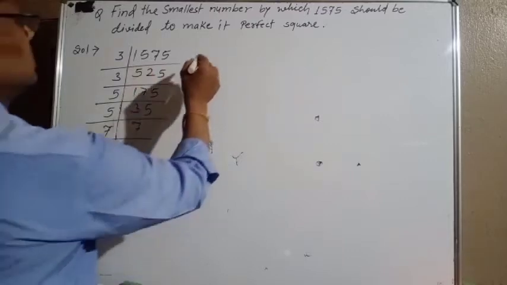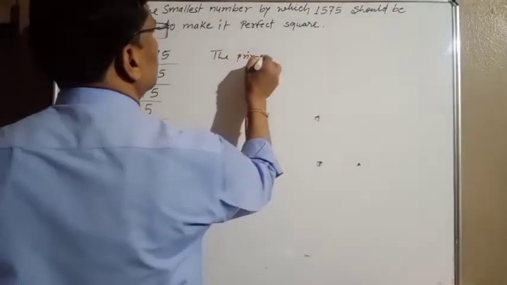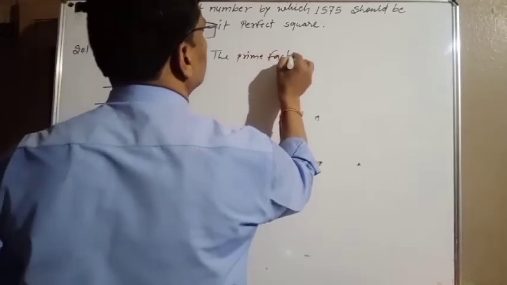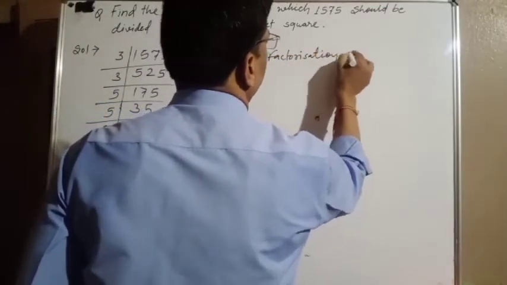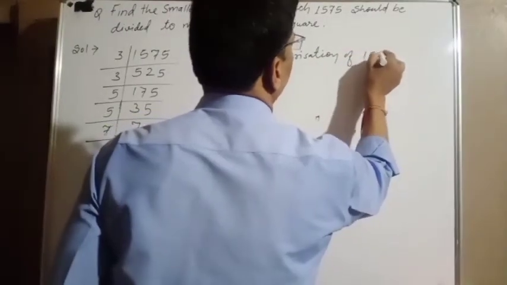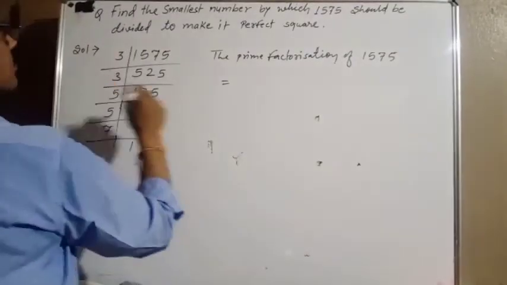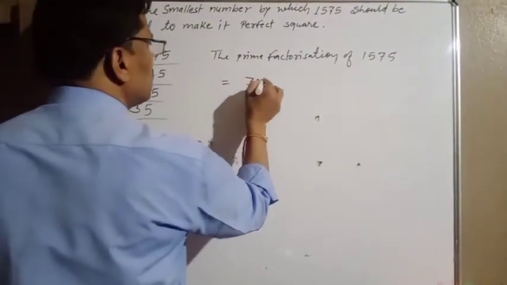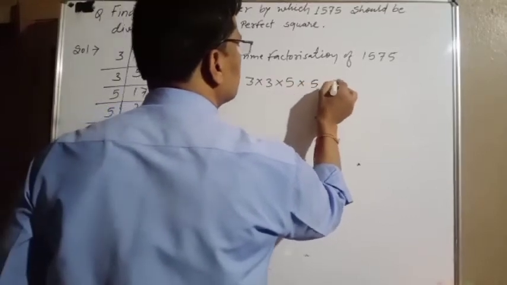We can write the prime factorization of 1575 is equal to 3 into 3 into 5 into 5 into 7.